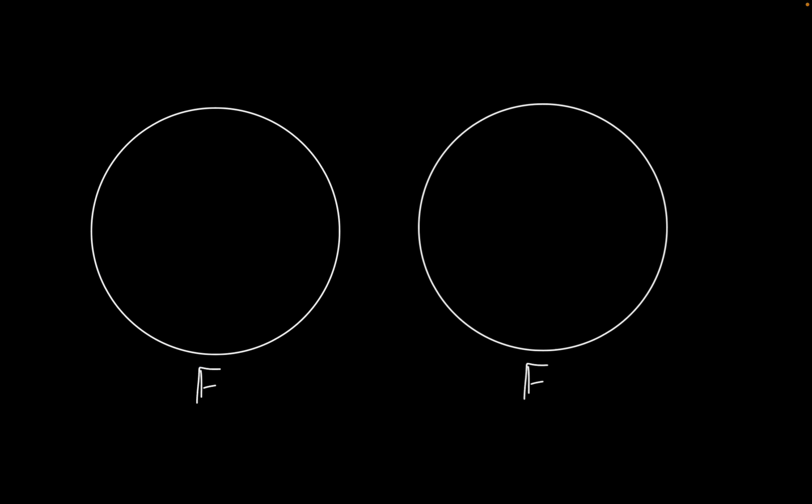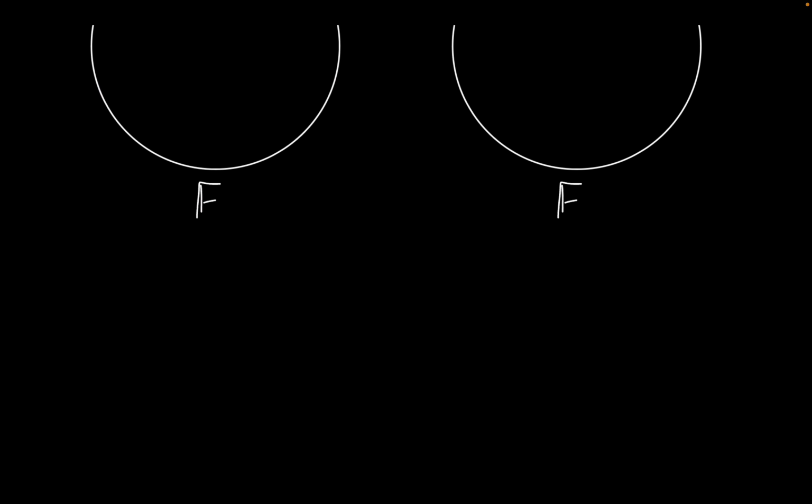If your domain is f, and so is your codomain, we can have multiple possible mappings between these two sets. One possible mapping is obviously the zero mapping, where 0 of z is equal to 0 for every single z in f.